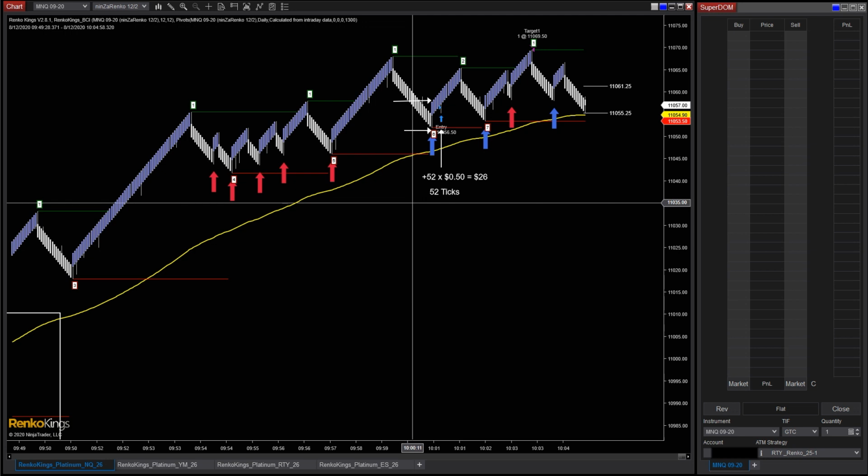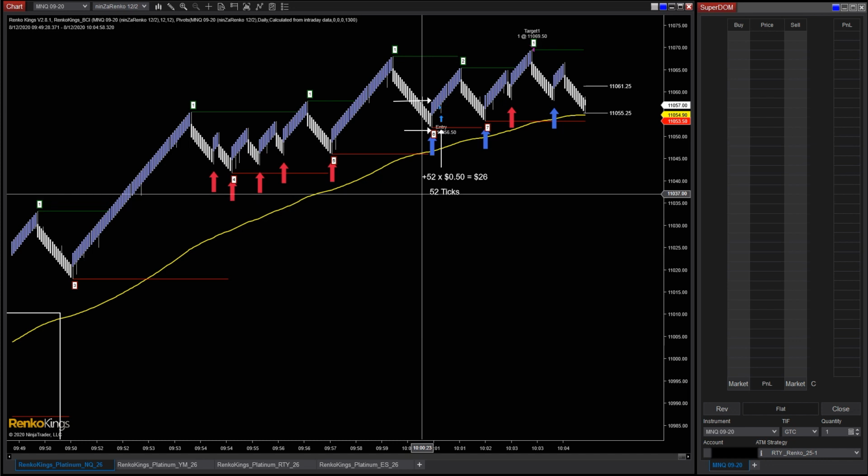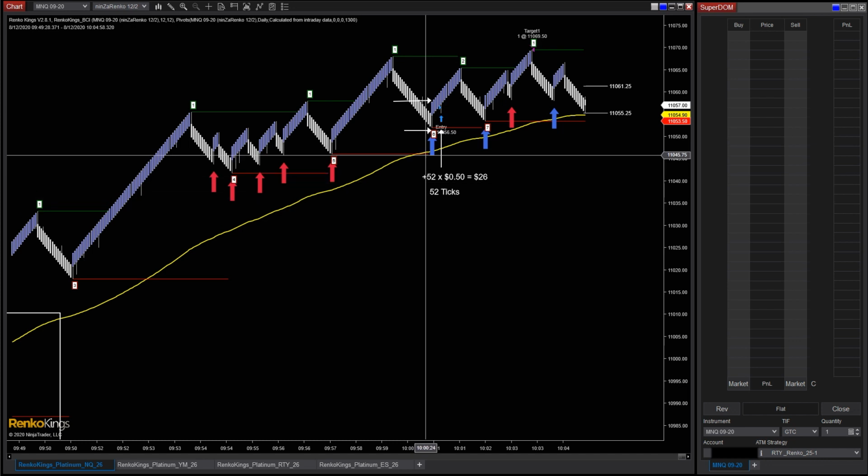Because this is just pattern recognition, okay? So I hope this example helps, and if you have any questions, please send in your emails, send in charts.